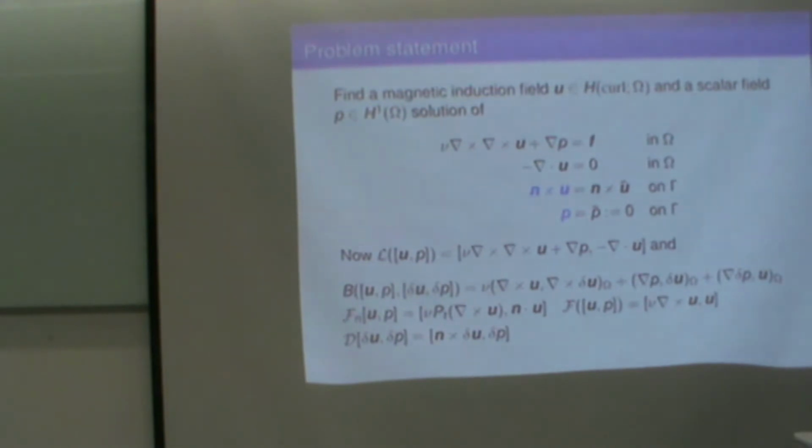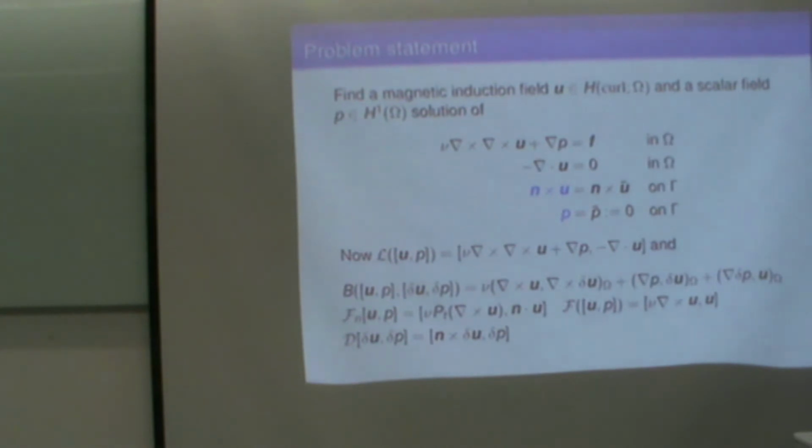Because if you don't enforce it, you may end up with an induction field that is not solenoidal. The way to enforce it is through a sort of pseudo pressure. It's not the magnetic pressure, but a certain pseudo pressure that we have called P, to use the same notation as for Darcy's problem and also for the Stokes problem.